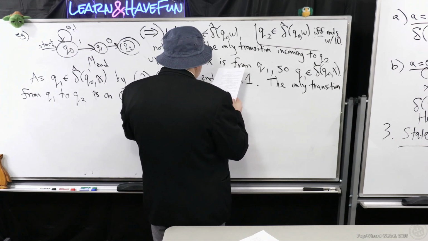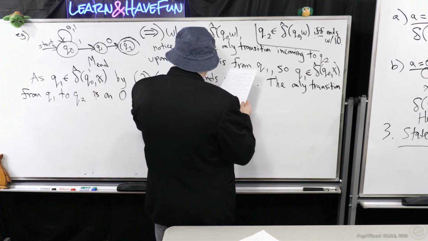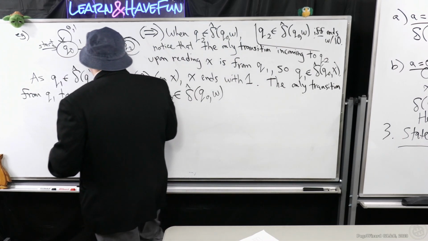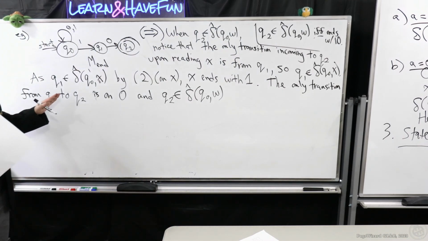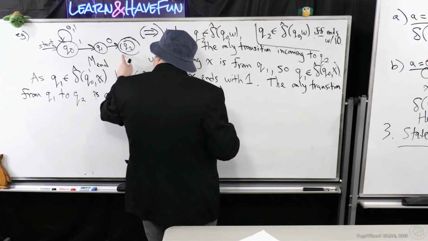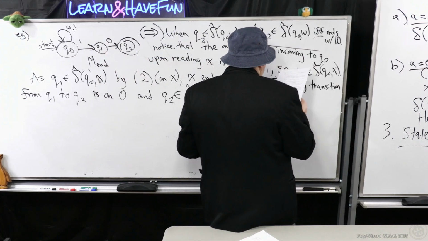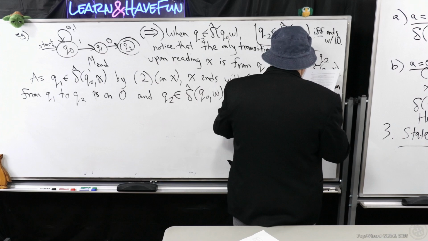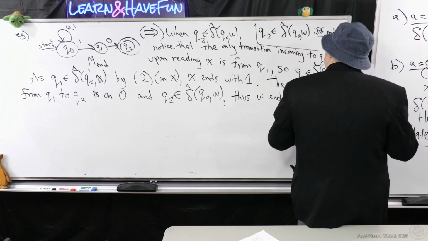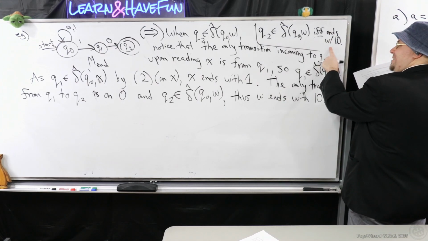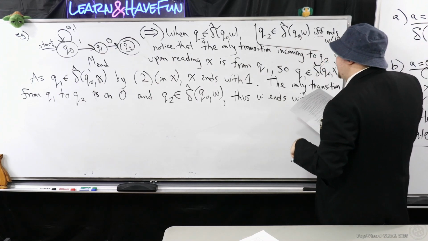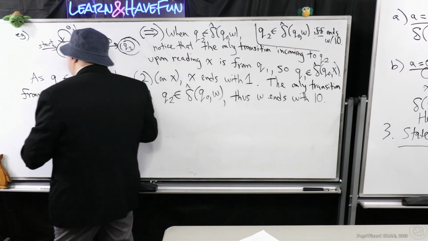And Q2 is in delta hat Q0 W. So to have this property means that it has to use this transition, right? But it's only on a 0. But what does that mean? Thus W ends with 1, 0. Right? So I started here. So if this, then that, right? So that direction of the proof is finished.